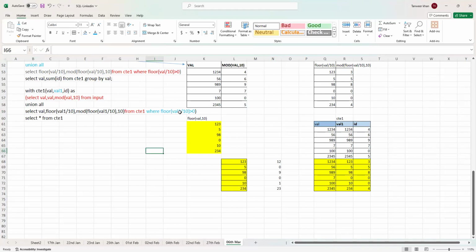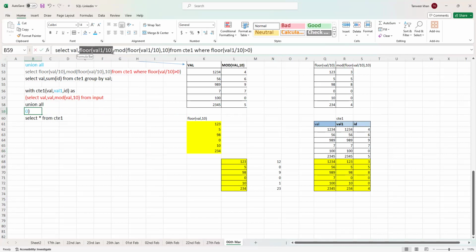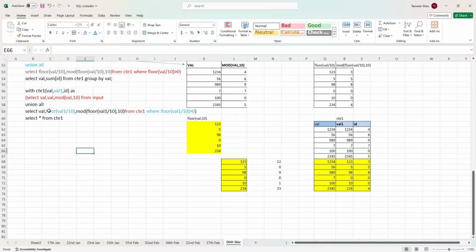Floor of val1 divided by 10 represents which column in this CTE1 table? Second column. Why second column? Because val1 is present at the second position, so it is saved in val1.